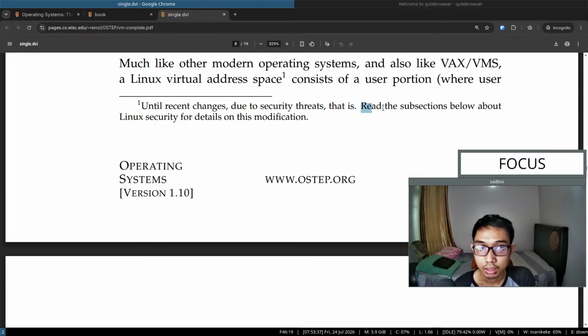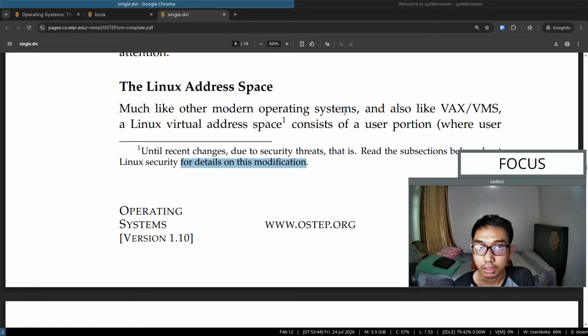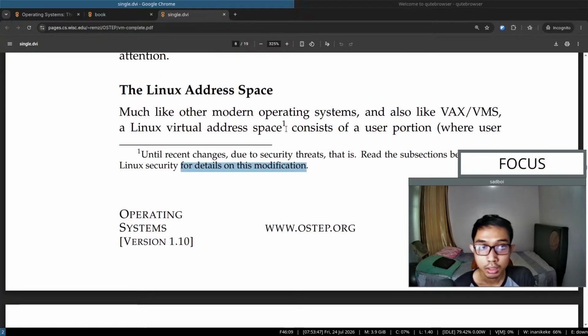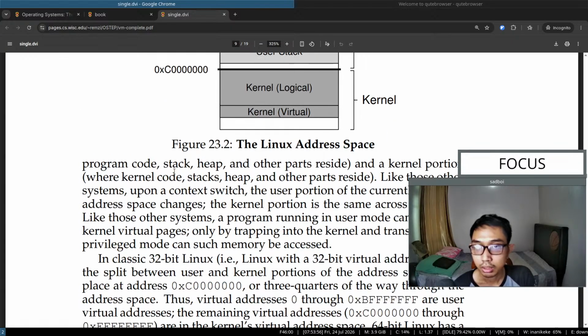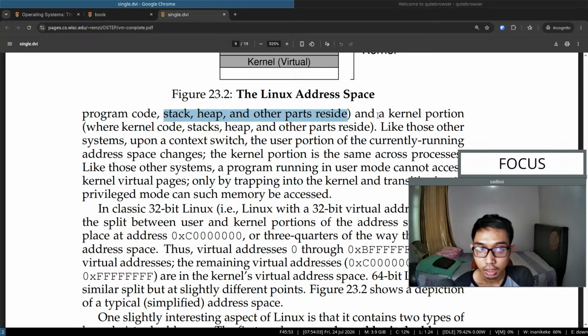Read the subsection below about Linux security for detail on this modification. The Linux virtual address space consists of a user portion where user program code, stack, heap, and other parts reside, and a kernel portion where kernel code, stack, heap, and other parts reside.